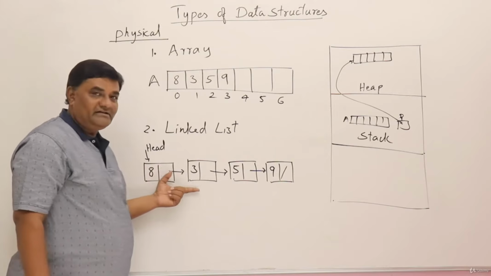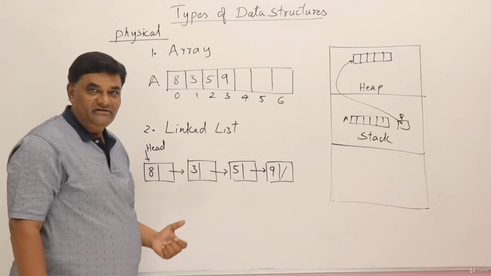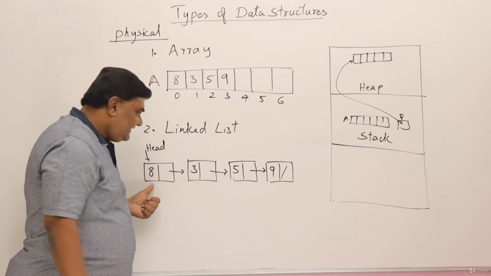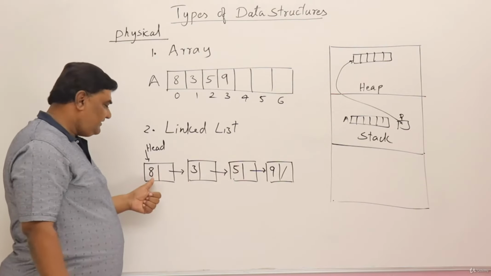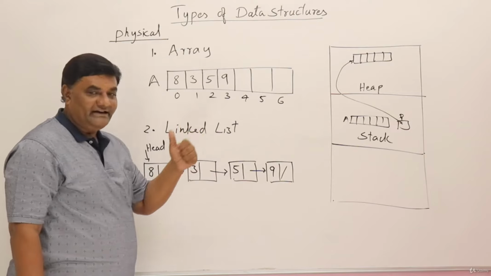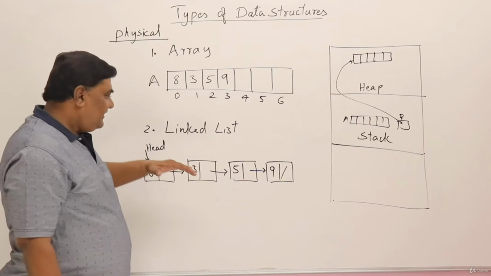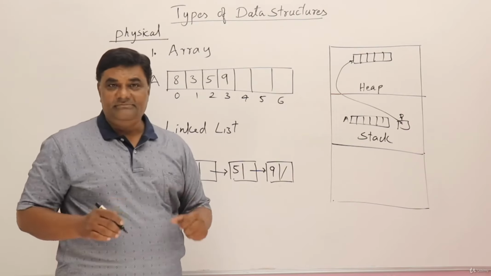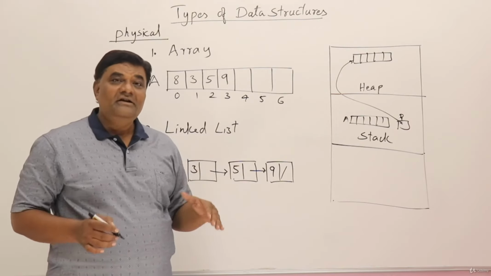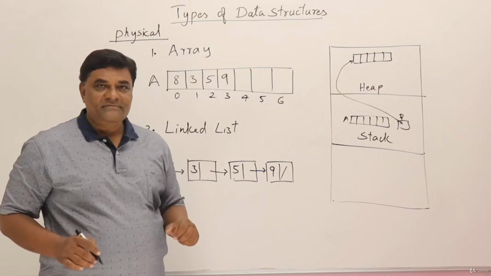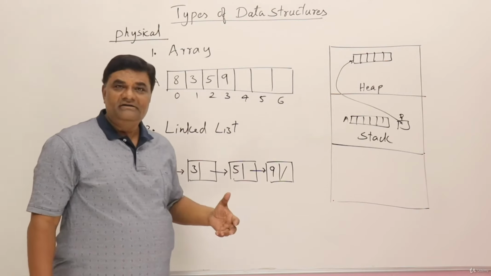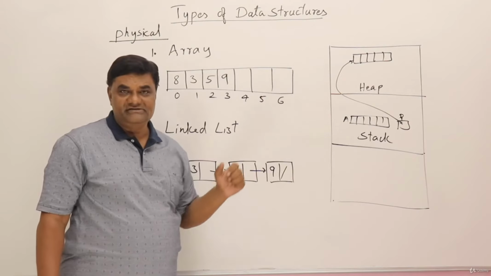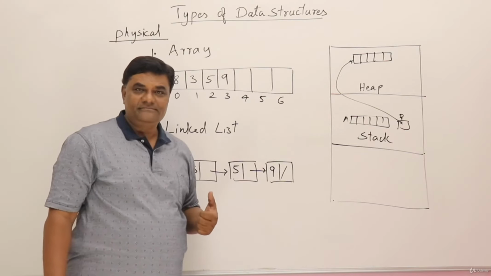Now the second data structure, linked list. This is a completely dynamic data structure and it is a collection of nodes where each node contains data and a link to the next node. The length of this list can grow and reduce dynamically. So it has variable length. As per your requirement, you can go on adding more and more nodes and add more elements, or you can reduce the size.